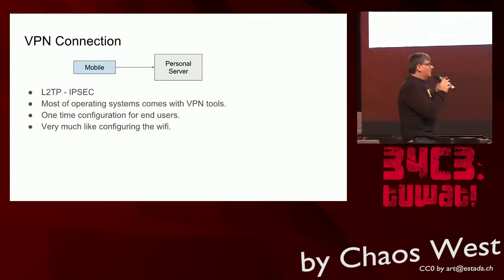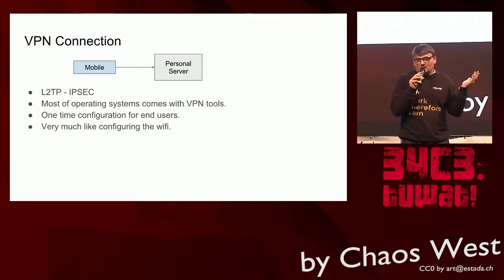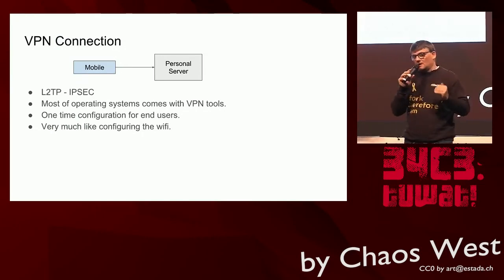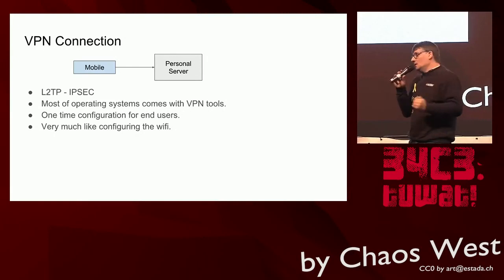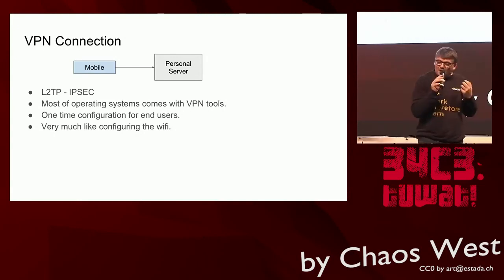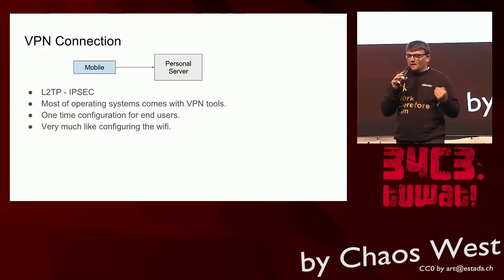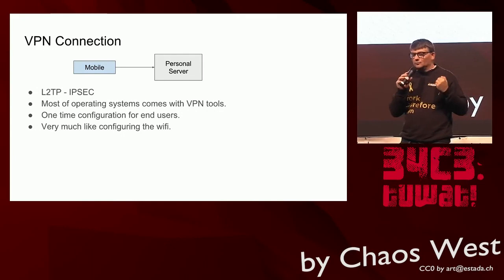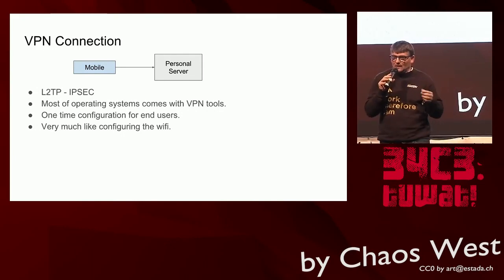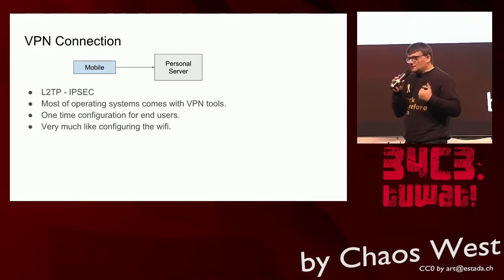first of all, we have to connect the end client to the personal server. This step could look very difficult, but at the end it is not much more difficult than connecting to a Wi-Fi, which most users know how to do. I know it's a difficult process, but it's a one-time setup, and it's not much more difficult than creating a Wi-Fi.